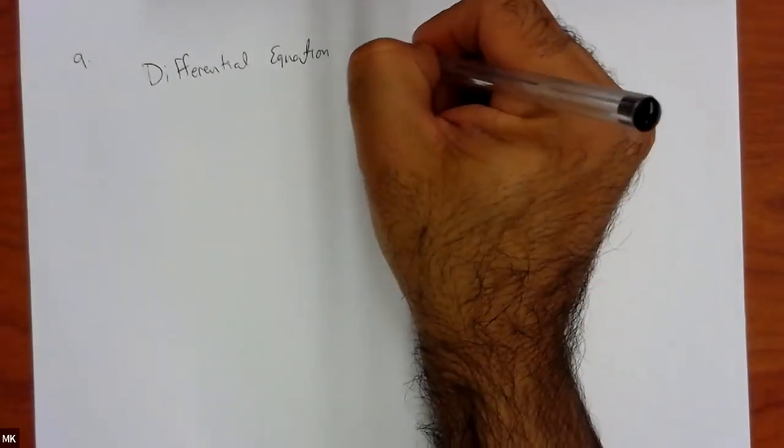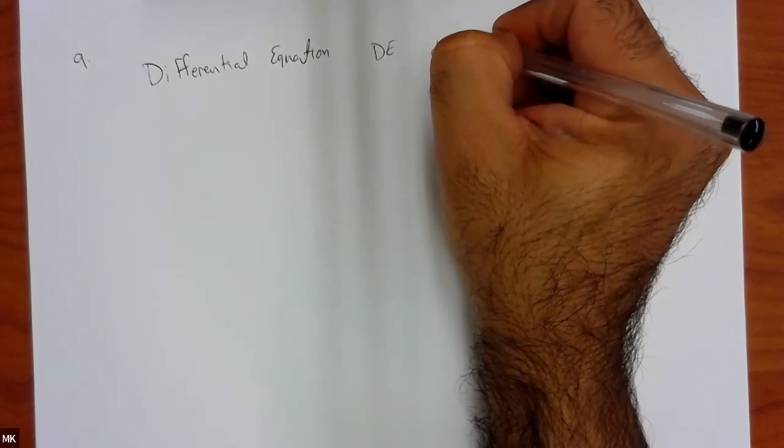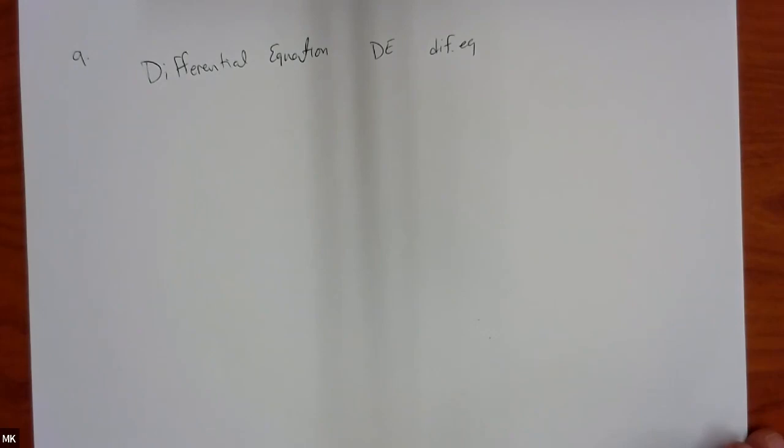It's basically the modeling feature of mathematics, and a lot of times it's done with differential equations. Students refer to them either as DE or DiffEq, depending on who your friend is and which teacher they had.